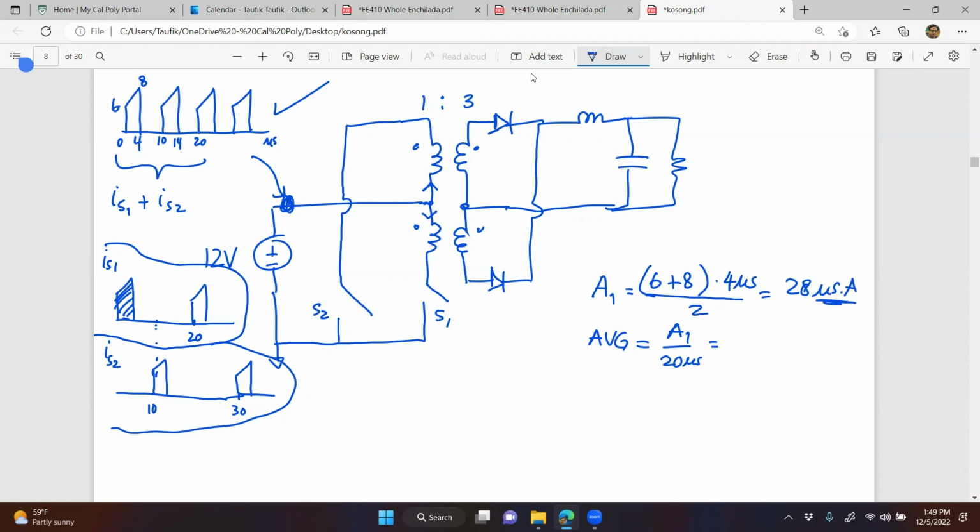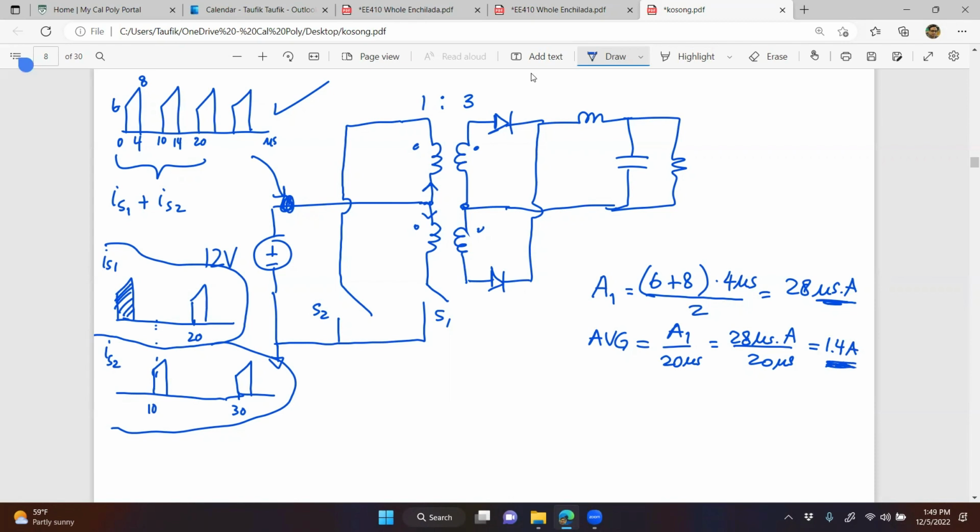So that's amperage. Then 28 microsecond-amps divided by 20 microseconds is equal to, what is that? 1.4? Is that the answer? Yeah, so this makes sense.